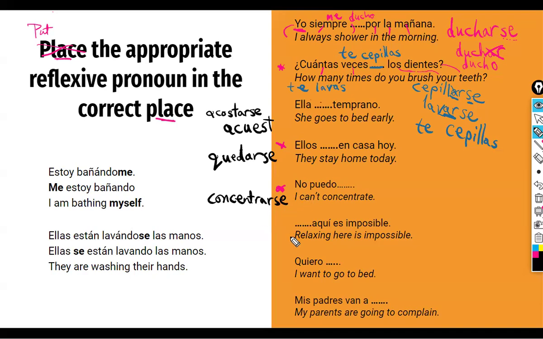Concentrarse is the infinitive. Relaxing, relajarse. I want to go to bed. Okay, well, we already said this. Acostarse. Earlier when I was telling you what to write down, I want you to also please write this one down, right? And then going to complain, that one is quejarse.